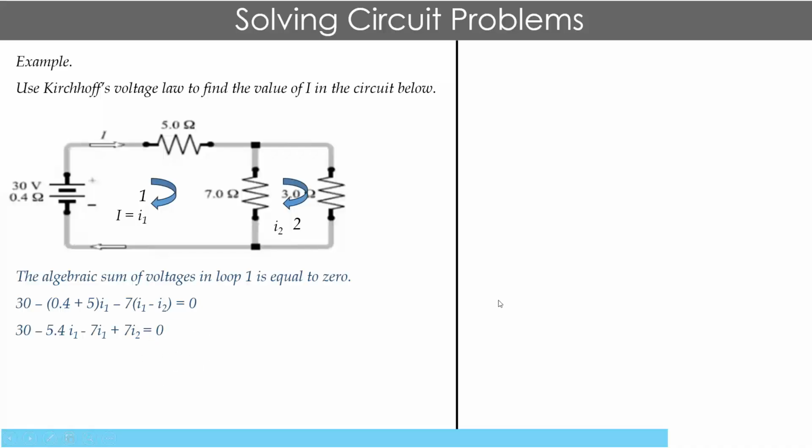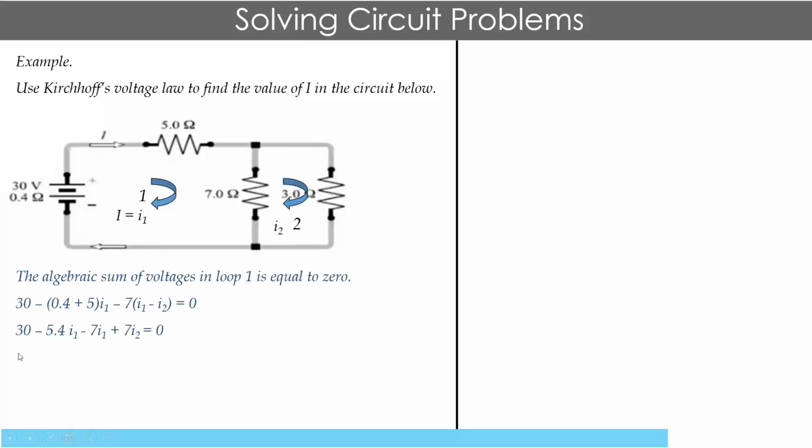You can resolve this further to get that 5.4 I1 minus 7 I1 will give us minus 12.4 I1 plus 7 I2.